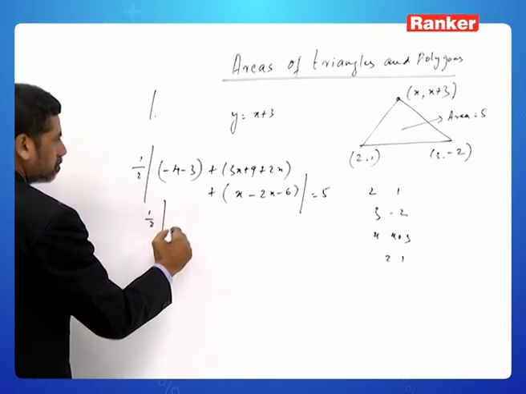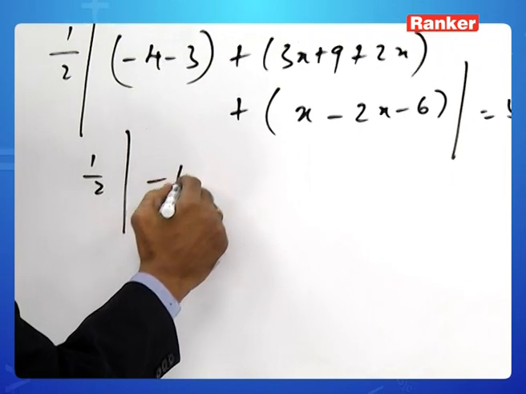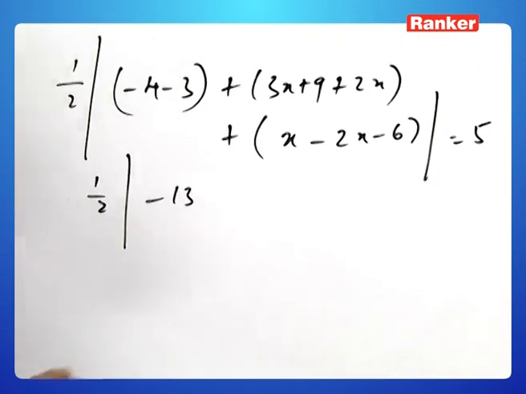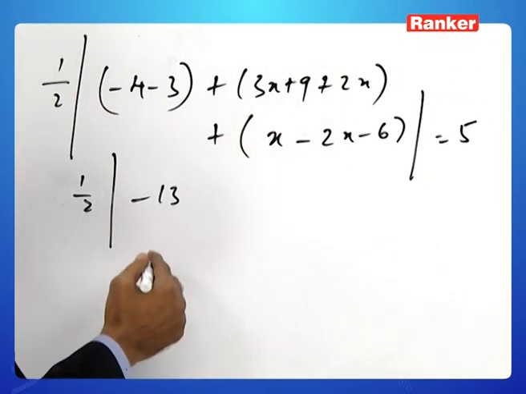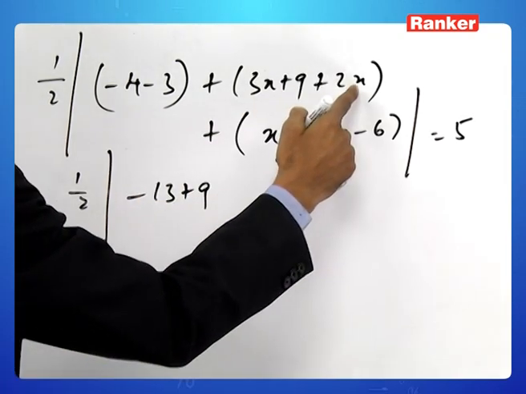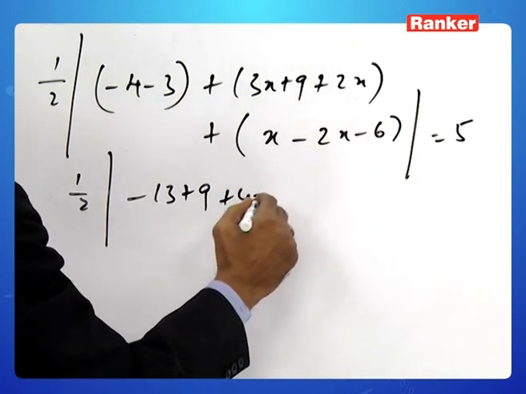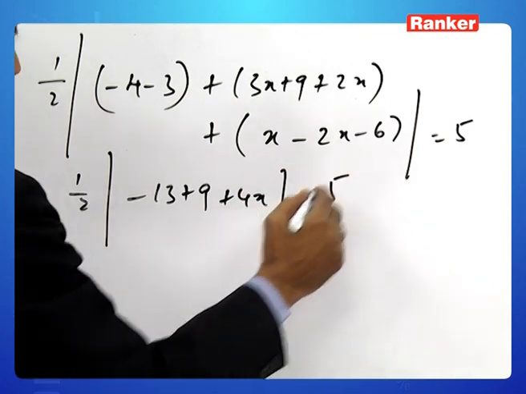Half mod of minus 7 minus 6 is minus 13 plus 9, so that becomes, we'll write it clearly, 3x plus 2x is 5x, 5x minus x is 4x, is equal to 5.